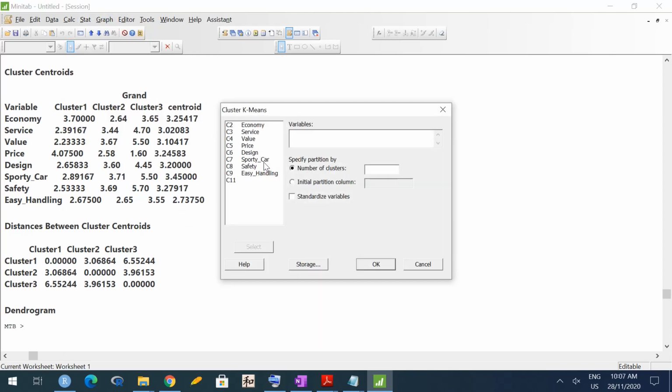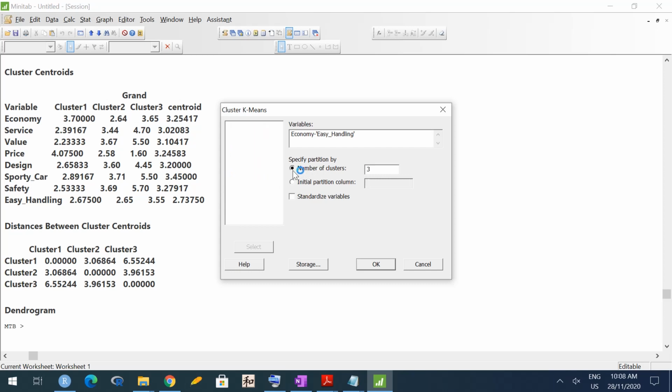Cluster k-means. We want the same variables to be clustered. Number of clusters, let us again go with 3. We can specify an initial partition. Like I said earlier, if you carry out hierarchical clustering first and you want to use the means of those groups as seeds, then you will specify the initial partition column as the members coming from hierarchical, that is C11.